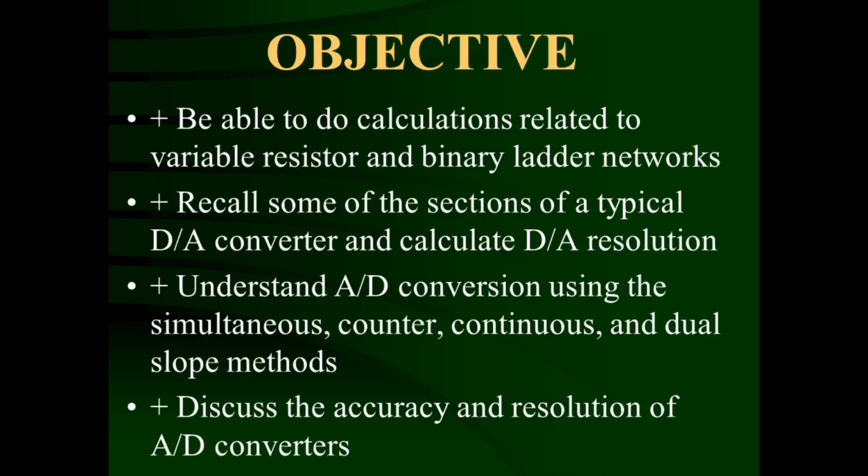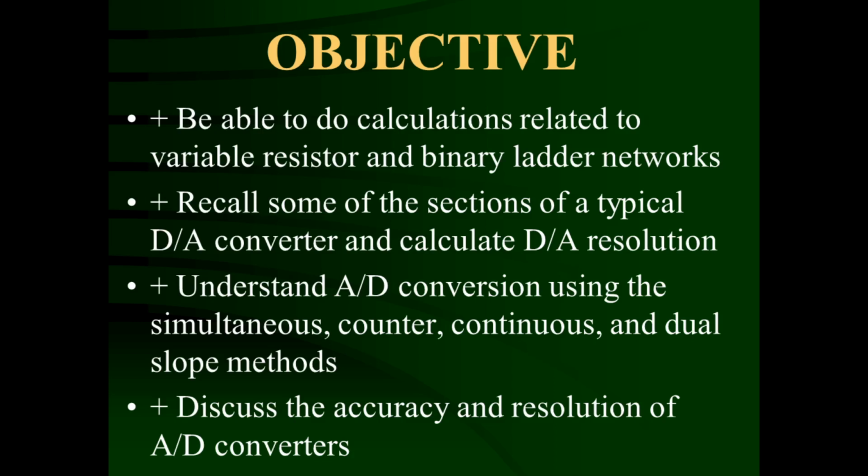Our objective in studying this chapter is to be able to make calculations related to the variable register and binary ladder networks. These are the networks utilized for digital to analog conversions.